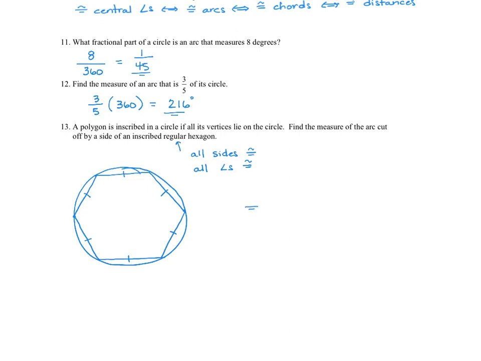So if all of the chords are congruent, then all of the arcs are going to be congruent. The regular hexagon divides the circle into 6 congruent arcs. So again, the entire circle is 360 degrees, and the chords divide the circle into 6 congruent arcs, so each one of those arcs will measure 60 degrees.